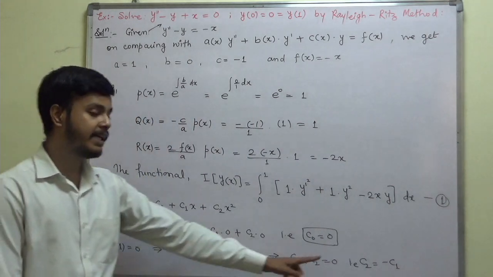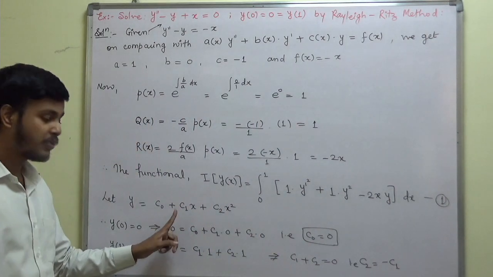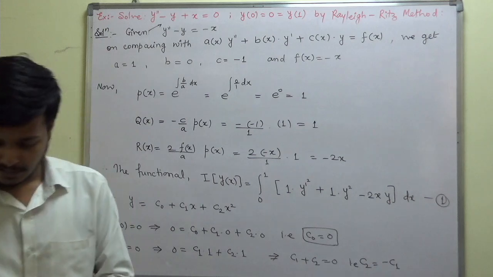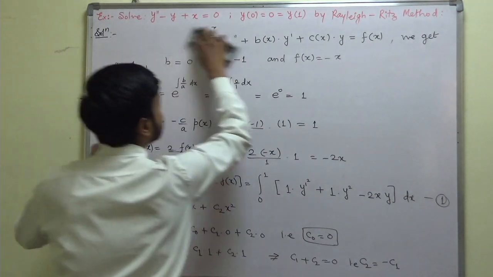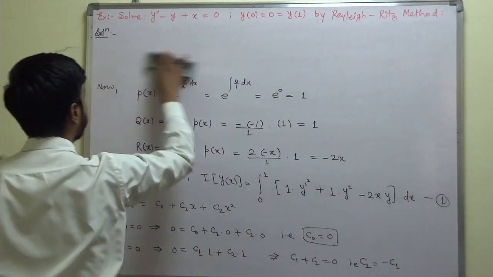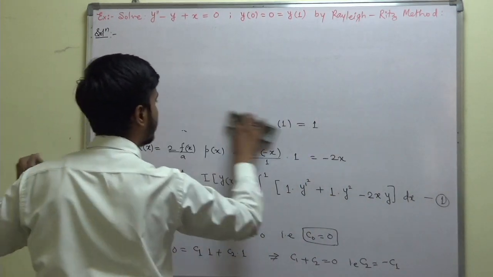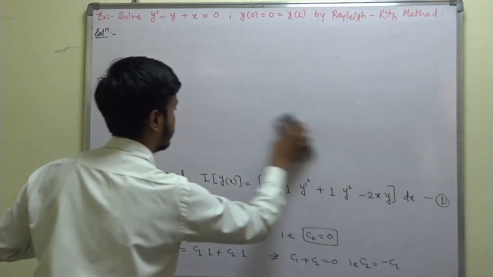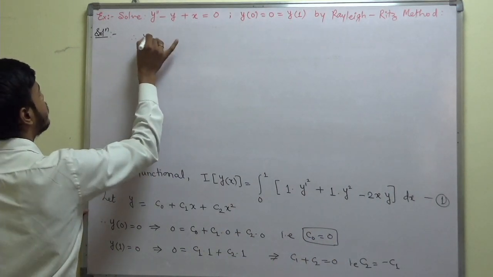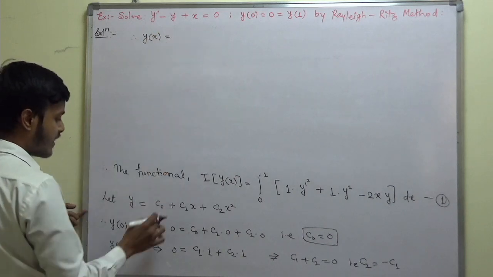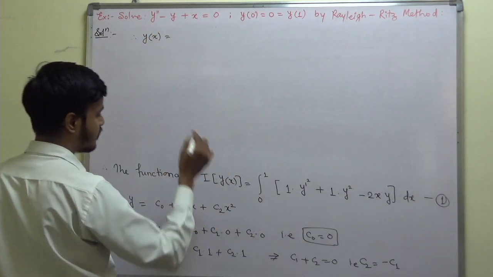Okay, now after getting these values you have to substitute over here. Therefore y of x is equal to, what is my C0? 0. What is C1?